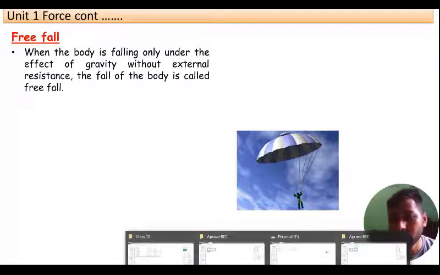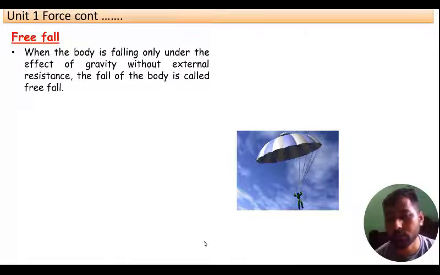In this diagram, a parachute is given. Due to the presence of air resistance, the motion of the man, when the man jumps from the parachute, goes on decreasing because of the air resistance.